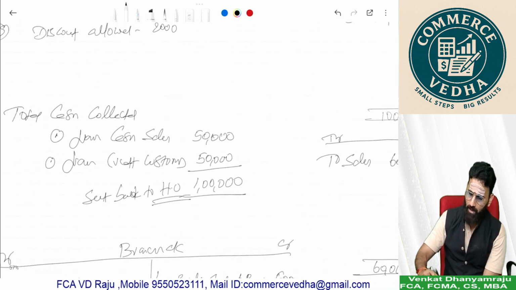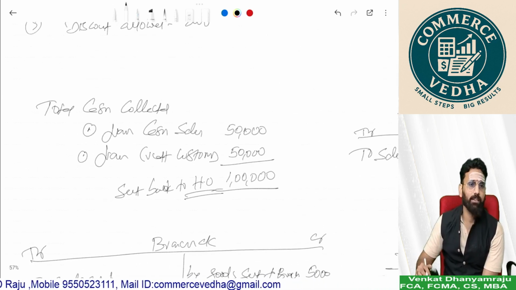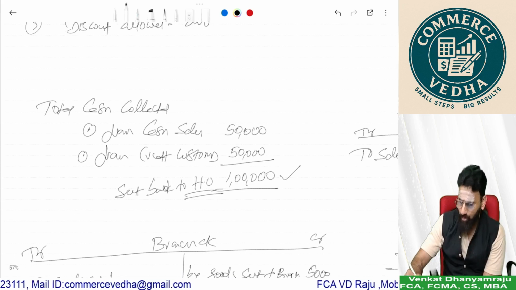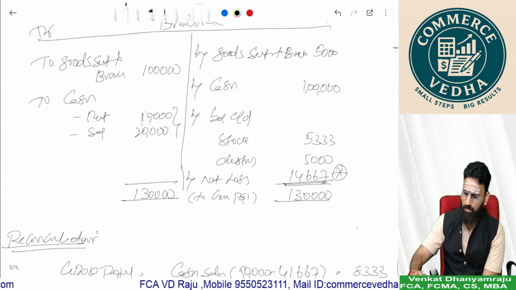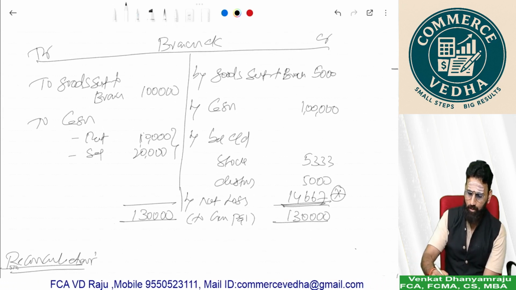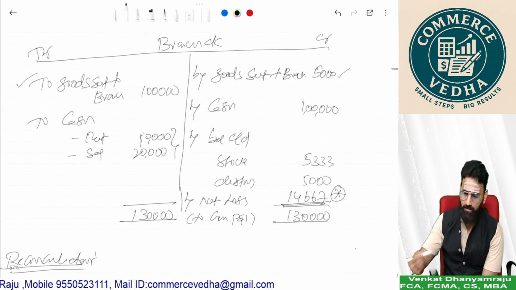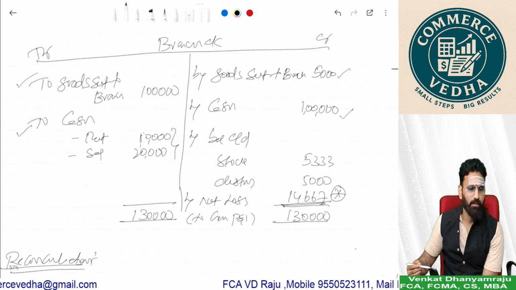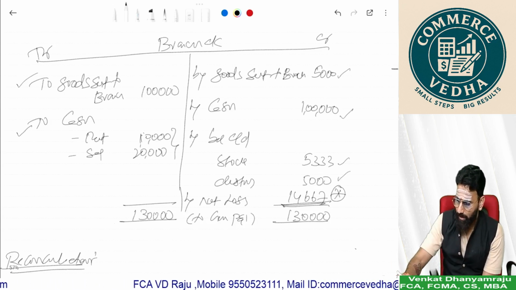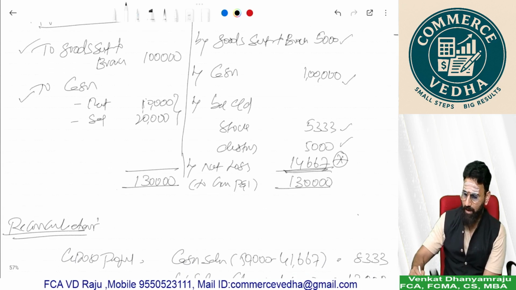Then we identified total cash collected and sent to HO. Once all three were done, we prepared branch account, debited goods sent to branch, credited the returns, debited cash collected, credited cash received, posted the closing balances, identified the loss.